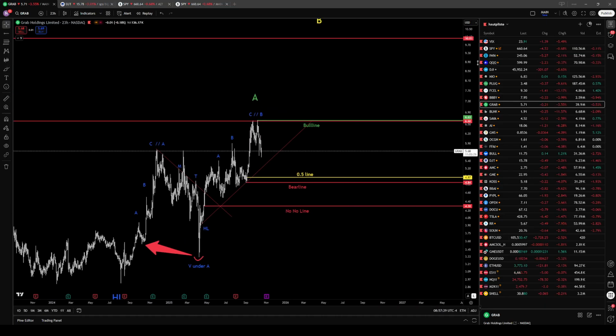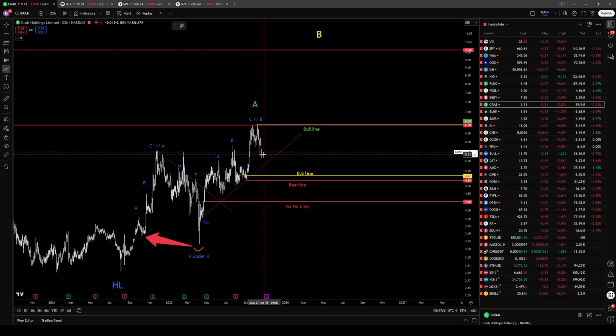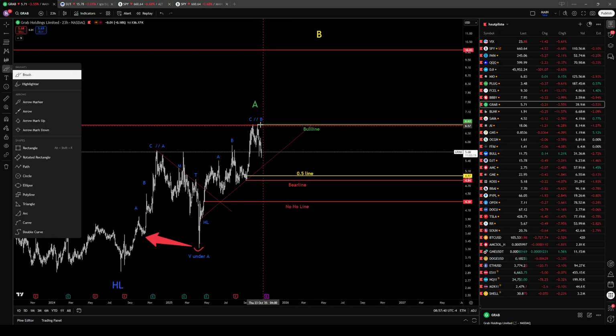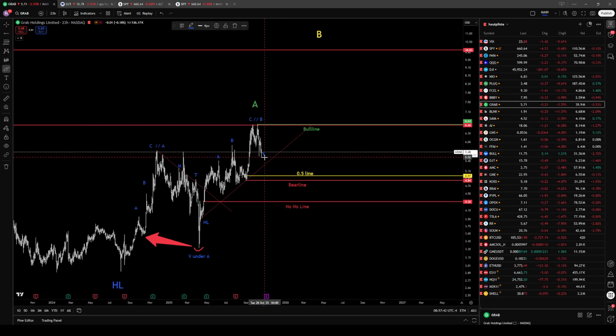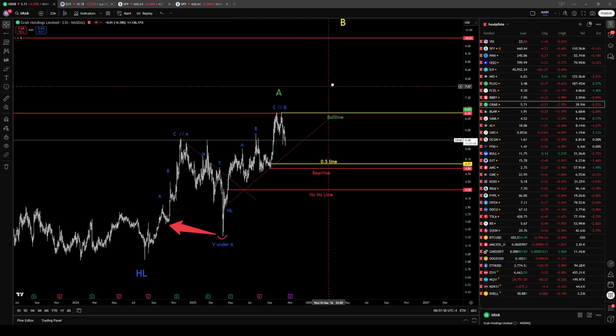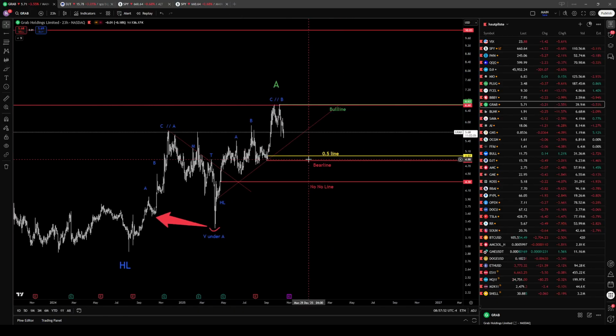So, two ways. First, you bounce here and go to your B. Perfect. Break over 662. Bullish. Perfect. You're not finished with your B pullback. You will come down, go to your 0.5 line, bounce here, and then you go. Perfect.